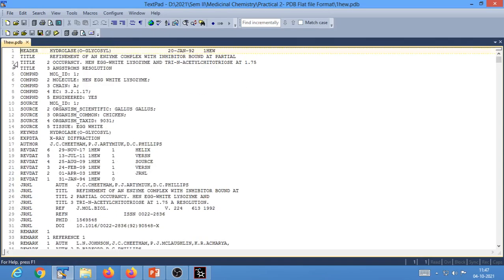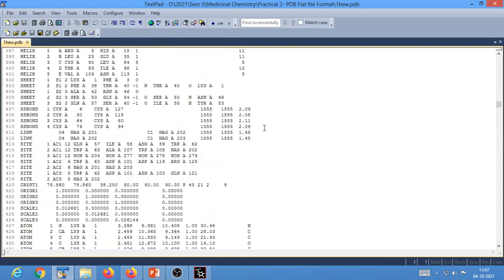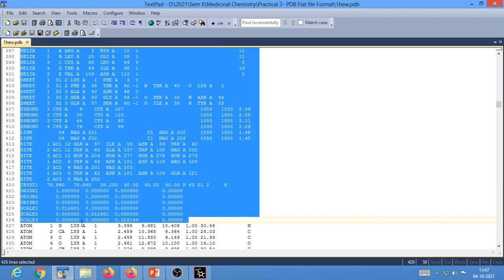Your annotation section starts from line number 1 to line number 426, so you can guess the length of your annotation section from here. Whatever data is present from the first line to line number 426, you can consider as the annotation section of your PDB.